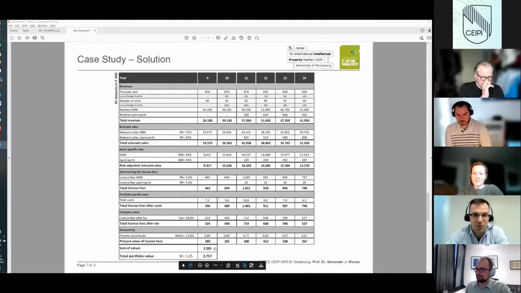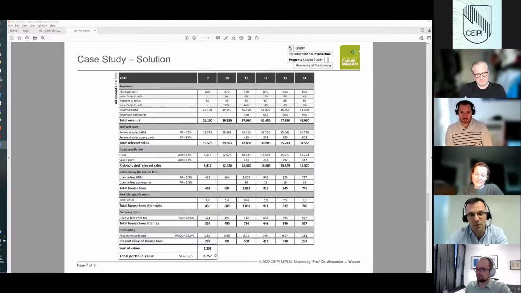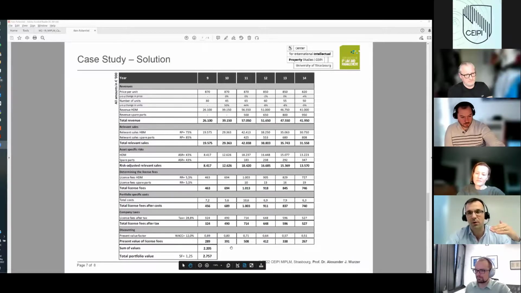Finally, the end result of the sum of values would be 2 million, actually 2.205 million. A further adjustment can be made by factoring in the tax benefit the owner would have in this transaction, because those amounts are beneficial from a taxation point of view, as they reduce the base amount on which the taxes are due.